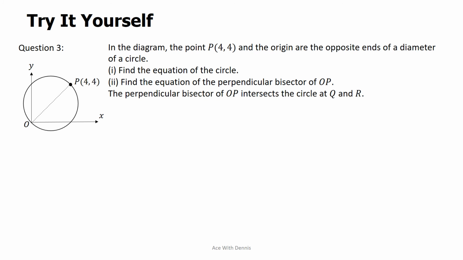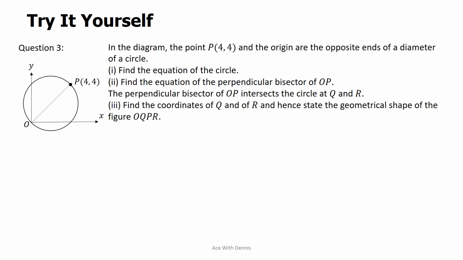The perpendicular bisector of OP intersects the circle at Q and R. 3. Find the coordinates of Q and of R, and hence state the geometrical shape of the figure OPQR. You can pause the video and try to solve this question yourself.